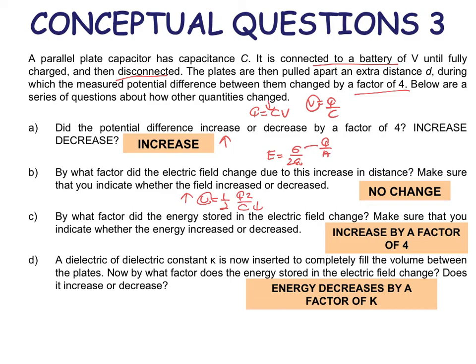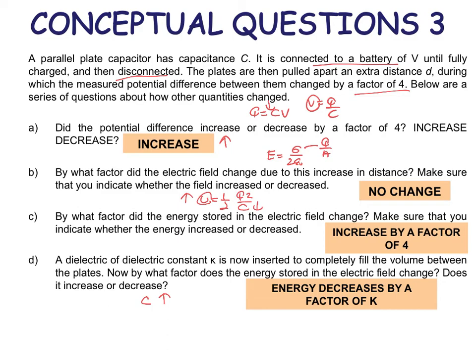Okay, so D is: you insert the dielectric material to completely fill the volume between the plates. What happens to your energy stored? When you put the dielectric material between the plates, your capacitance will increase. But you need to understand that you put the dielectric in once you have disconnected it from the battery.